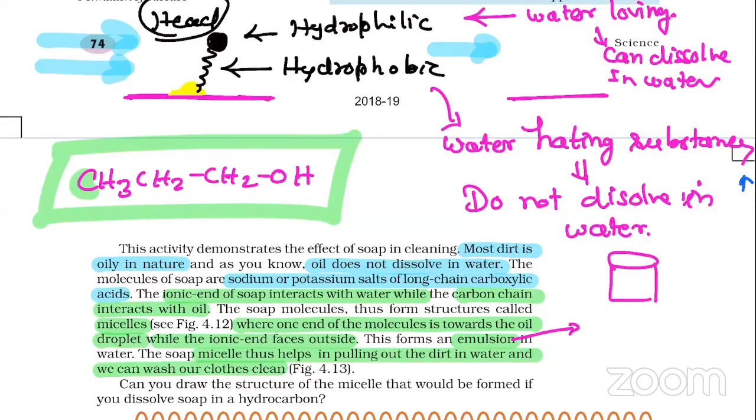What is the meaning of the term saponification? It is the formation of soap.